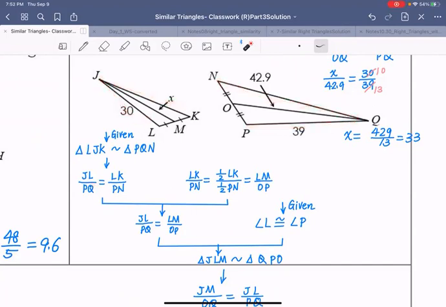Because you remember I always say similar triangle corresponding sides are proportional. And we also have here LK over PN.